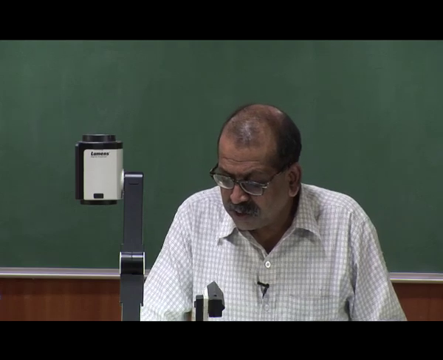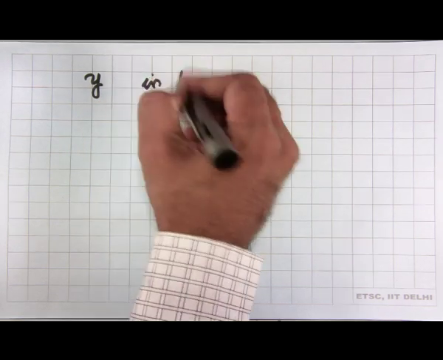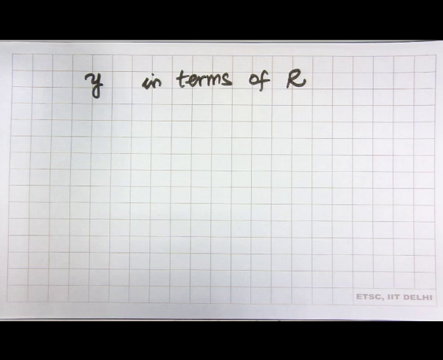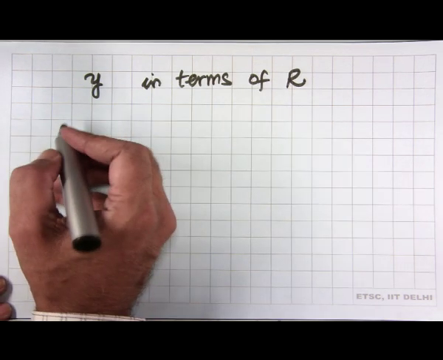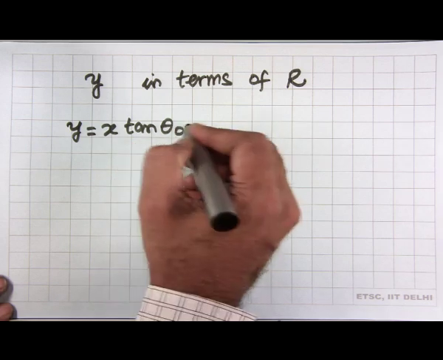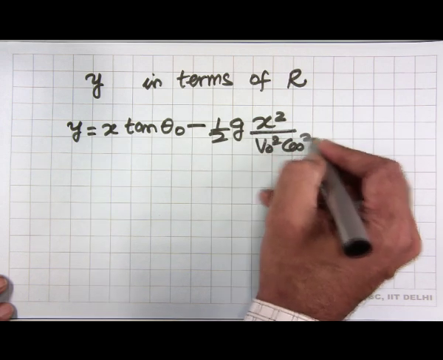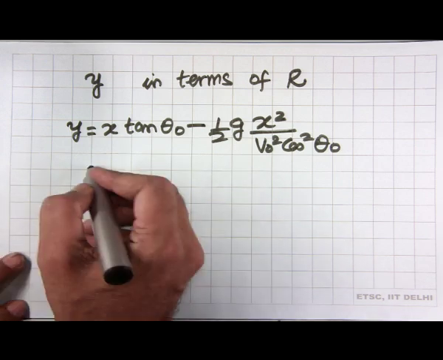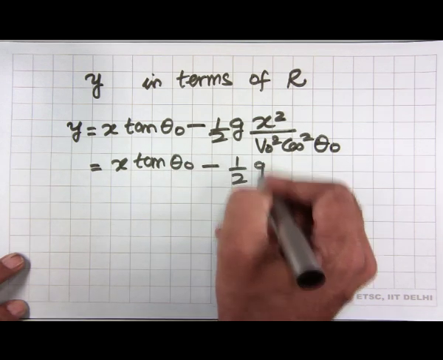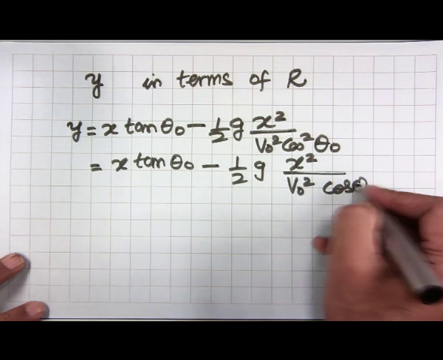So let us now express the vertical distance travelled by the projectile in terms of the range, because sometimes this could be useful in looking at some of the problems. So let us write y is given by x times tangent theta 0 minus half g x square upon v0 square cos square theta 0.